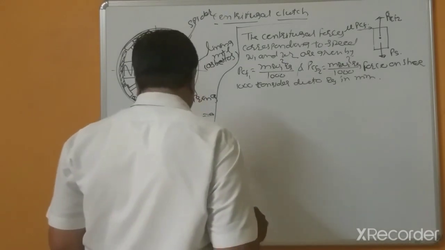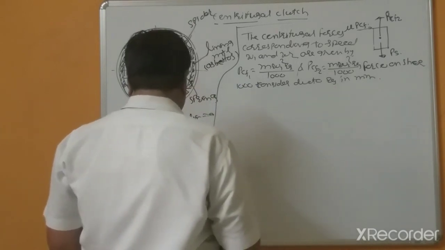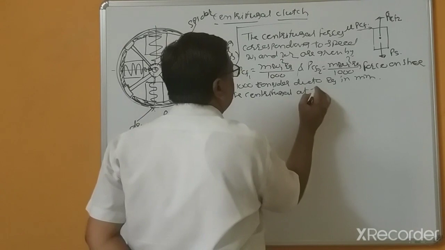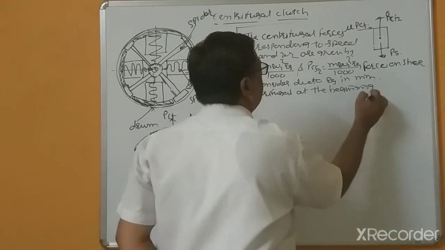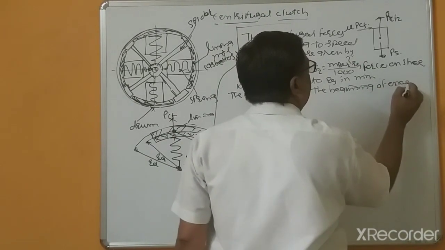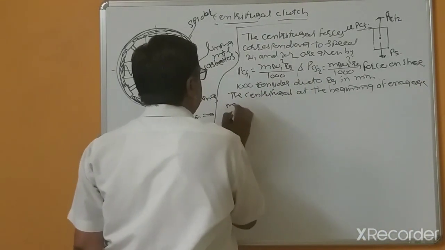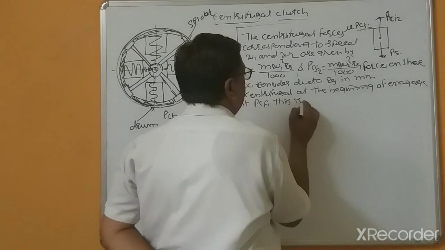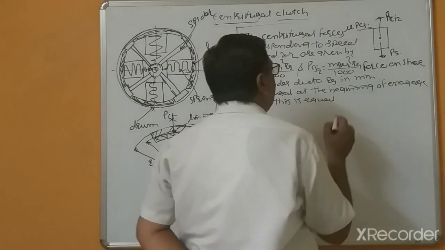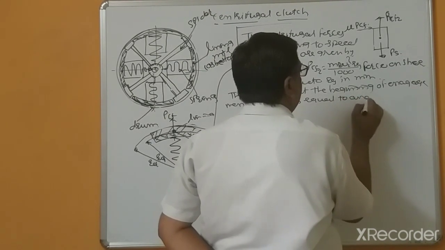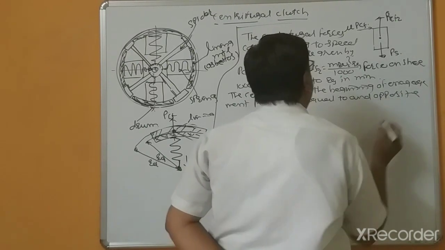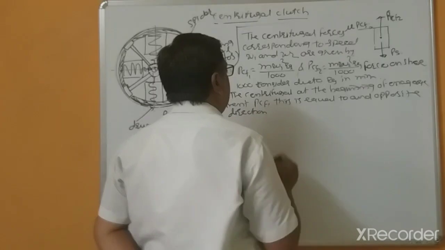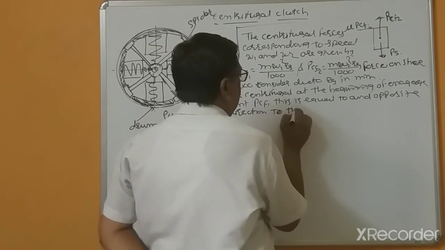Now the net force acting. The centrifugal force at the beginning of engagement is PCF1, and it is equal and opposite to the spring force.